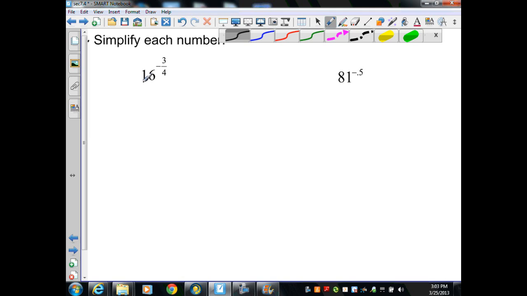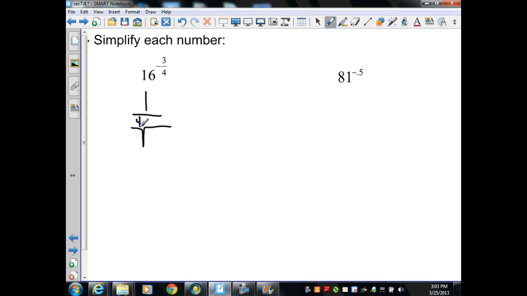343. In this example, I have 16 to the negative 3/4. Since my exponent is negative, I need to take that to the bottom. I'll have a 1 in the numerator, and that will be the fourth root of 16 to the third, which I can rewrite as 1 over the fourth root of 16, and I can set that in parentheses, and I can cube that quantity, which will make it easier when I want to simplify.